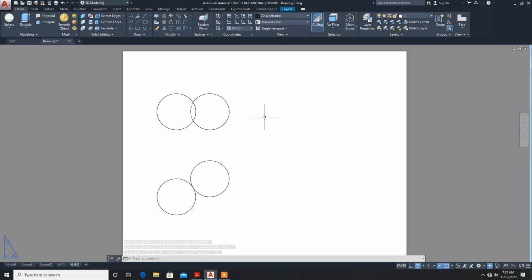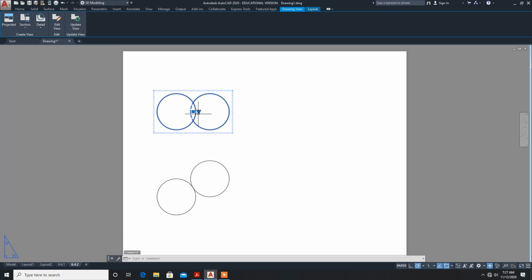So isometric view, okay. Model space, I pressed enter.